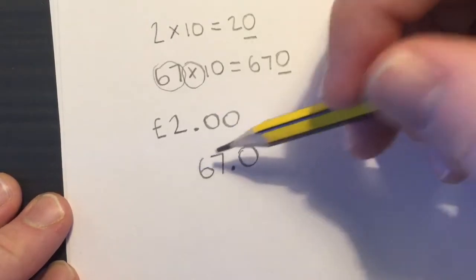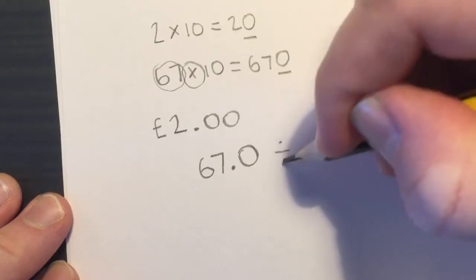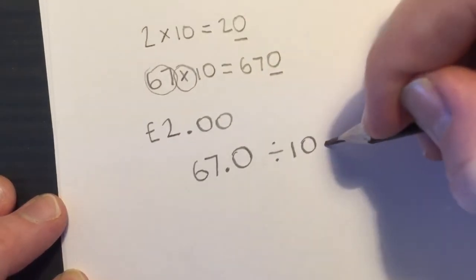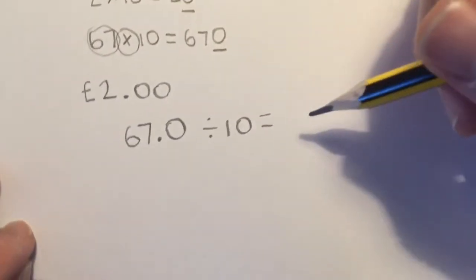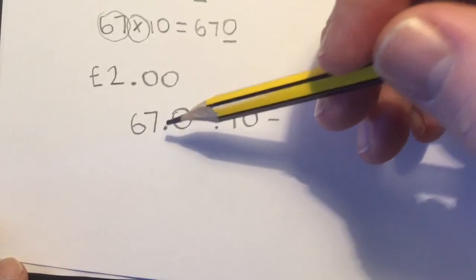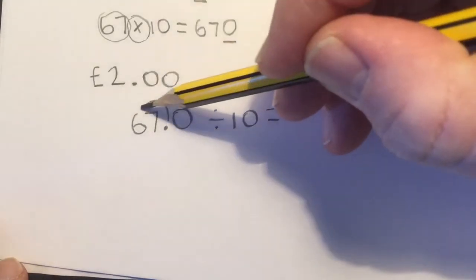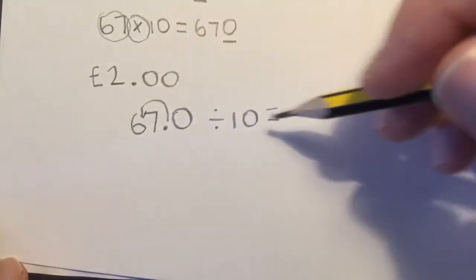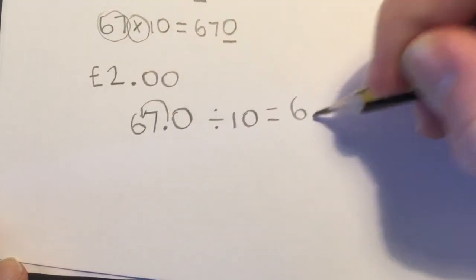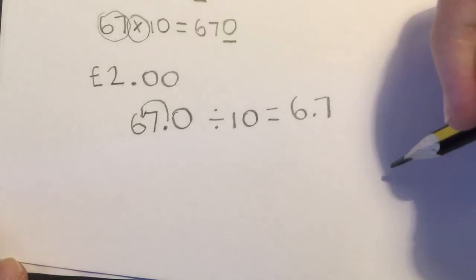Now when we divide anything by 10, instead of timesing it, our decimal point here will actually jump backwards once. So this 67.0 becomes 6.7. That's what tends to happen when we divide anything by 10.